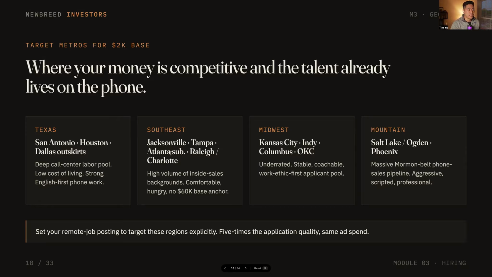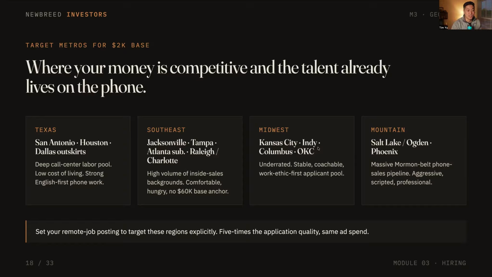Jacksonville, Tampa, Atlanta suburbs, not Atlanta proper, Raleigh, Charlotte: high volume of inside sales backgrounds, comfortable and hungry, and they're not anchored to a $60,000 a year salary. You can find people that are very comfortable on a $36,000 a year salary with the ability to make more through commissions. Kansas City, and I talked about Indianapolis.